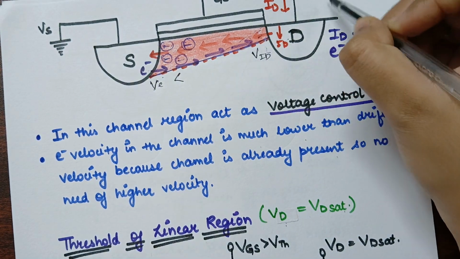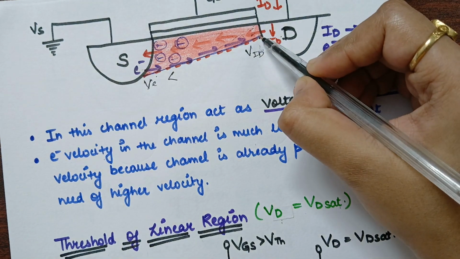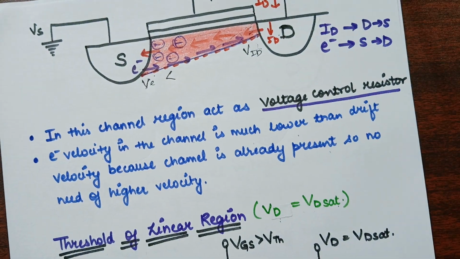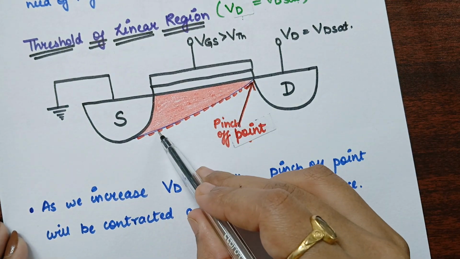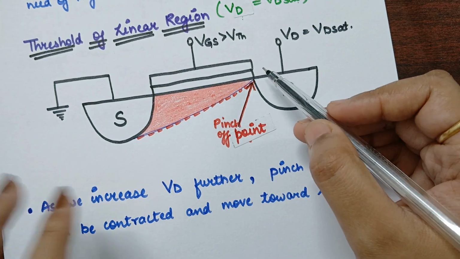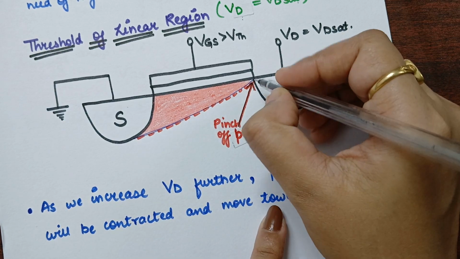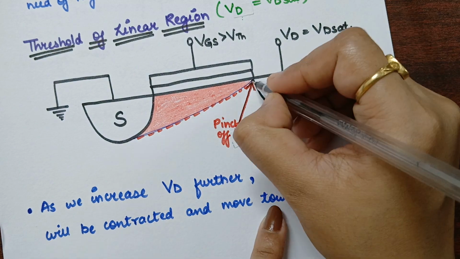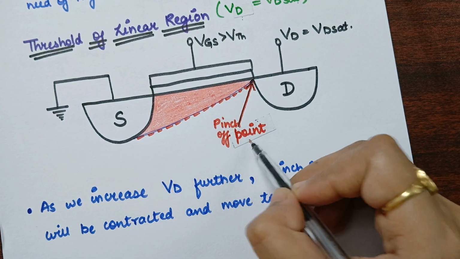By increasing the VD value, as this concentration increases, this layer becomes thinner and thinner. So a condition will come when this layer will be only touching at a point.